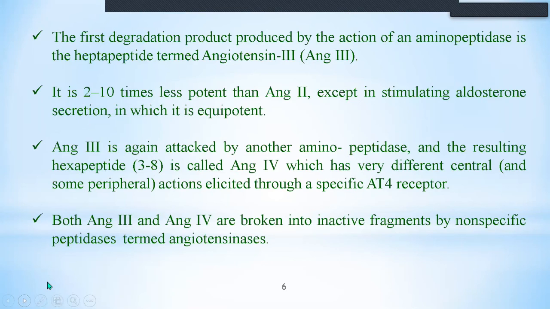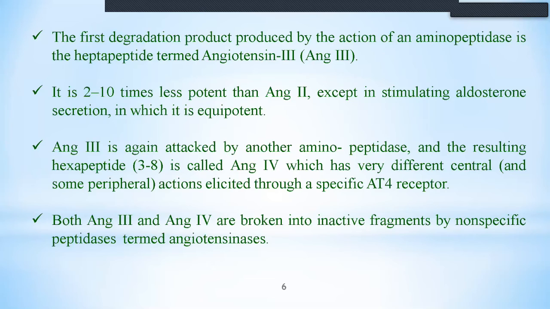The first degradation product produced by the action of the aminopeptidases is the heptapeptide termed angiotensin 3, or ANG3. It is 2 to 10 times less potent than angiotensin 2, except in stimulating aldosterone secretion, where it is equipotent.